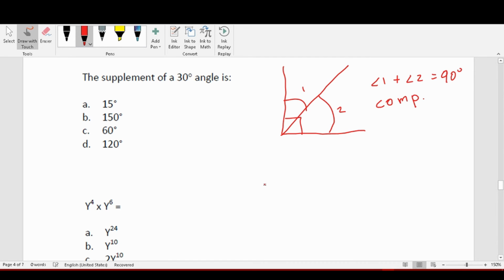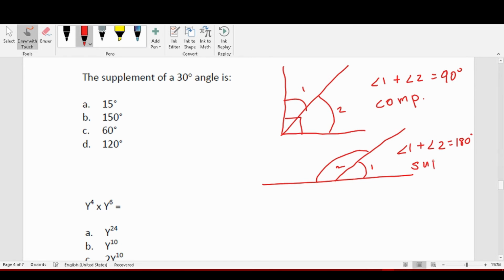And when you have two angles, we'll call this angle 1 and this angle 2, on the other hand, that add up to 180 degrees, those are referred to as supplementary angles.